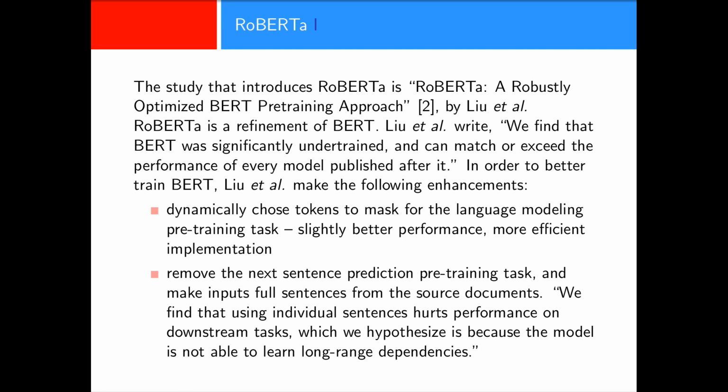Okay, so now we've talked about transformers and we've talked about BERT, and this brings us to Roberta, which is the actual text classifier, or language representation algorithm, that we used for our little experiment here. Roberta is based on BERT, and it is really just a tweaking of some of the parameters that BERT uses in the pre-training process.